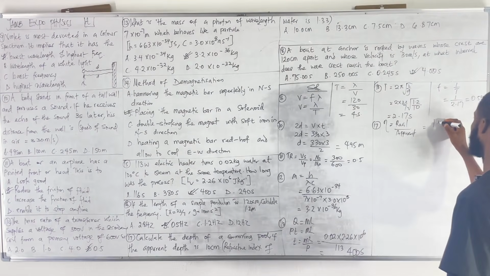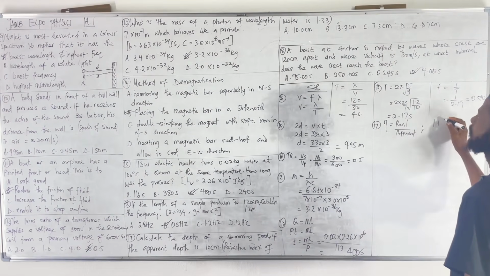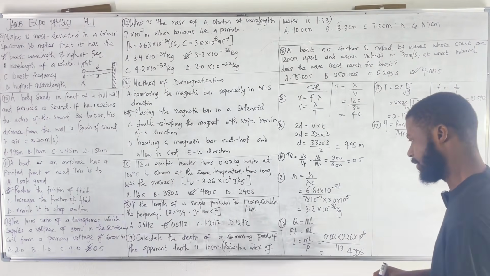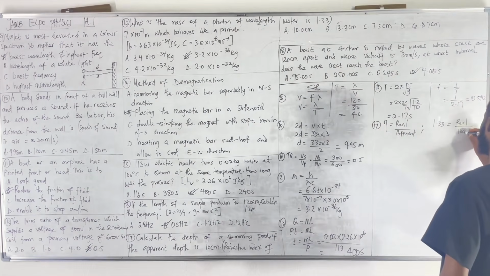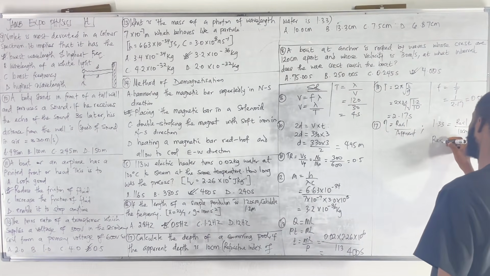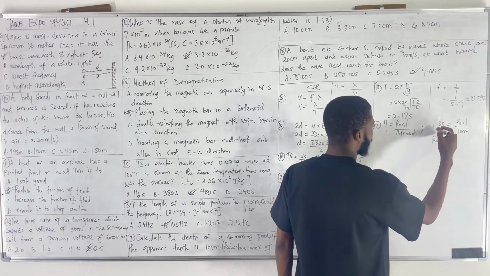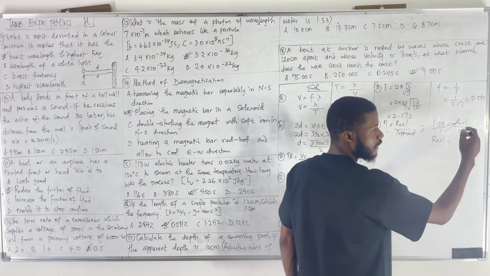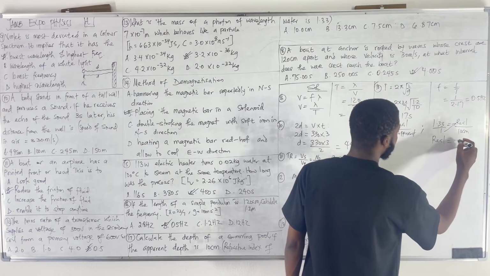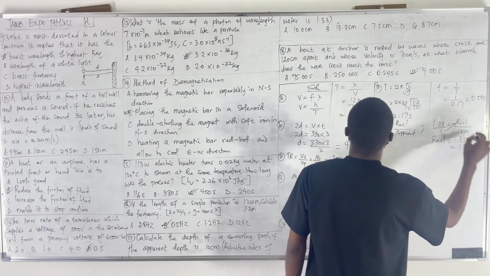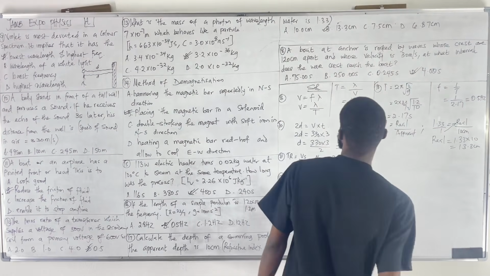So 1.33 is equal to real over apparent, which is 10. This means the real depth will become 1.33 times 10, because when you put the 10 over 1, you can then multiply. So that will be 13.3 cm. So the answer is B.